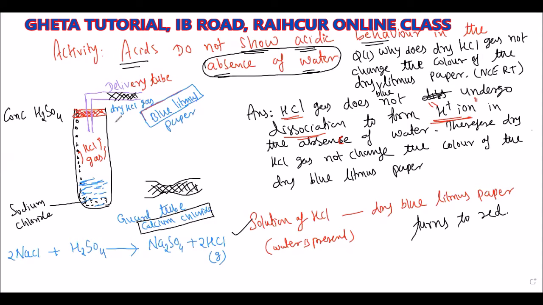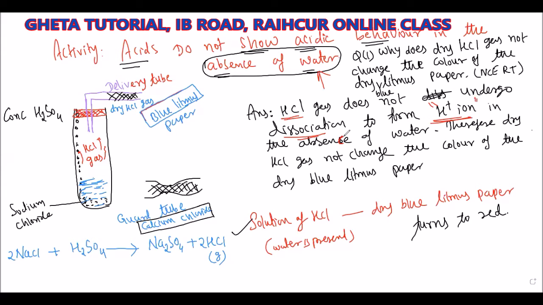So this activity shows that acids do not show the acidic behavior in the absence of water. Why does it not show the acidic behavior? Because HCl gas will not dissociate to form the H plus ion in the absence of water.